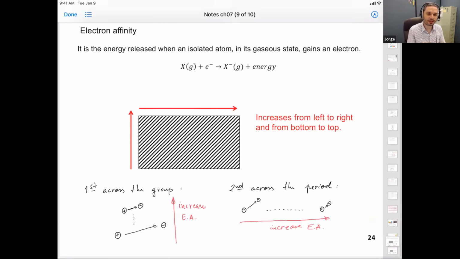You must understand clearly the trend for the radius, and the other two, ionization energy and electron affinity, will come as a function of the radius. Understand the basic meaning of ionization energy and electron affinity, then you can make an educated choice figuring out what happens with all of the properties.